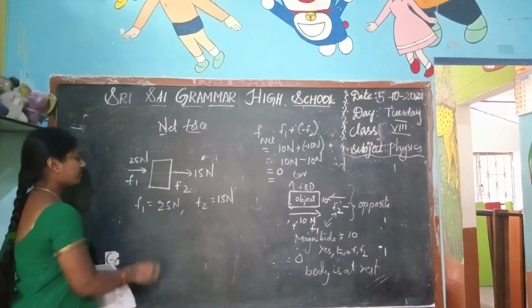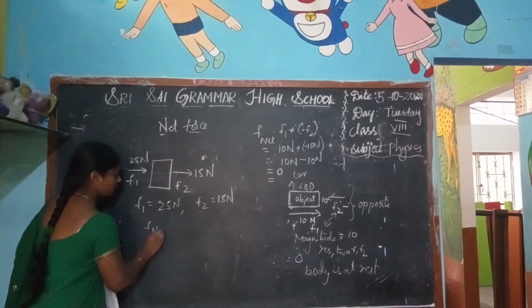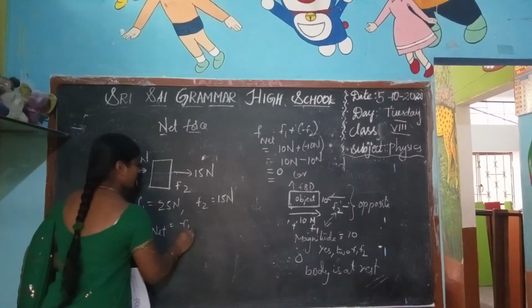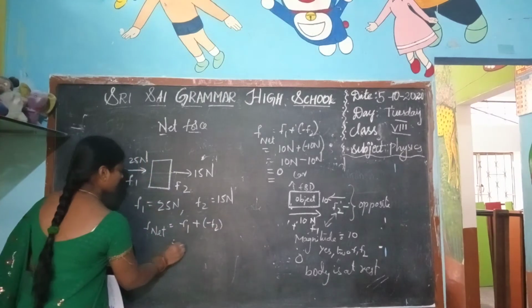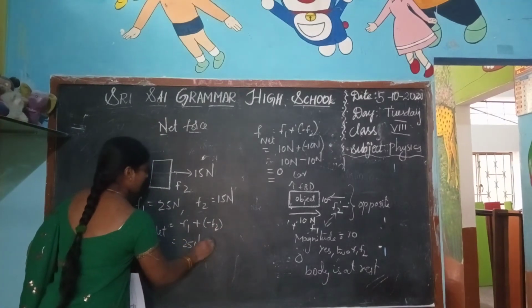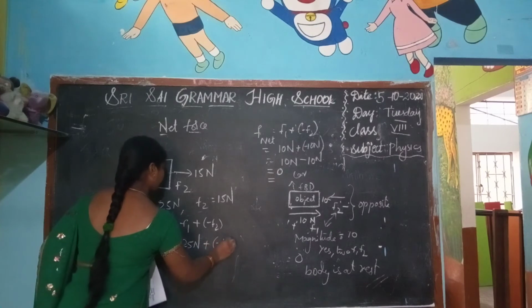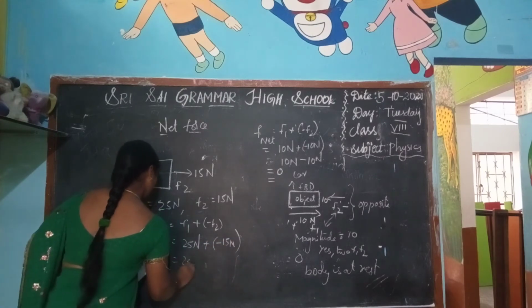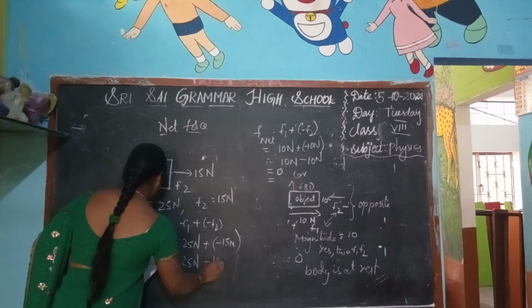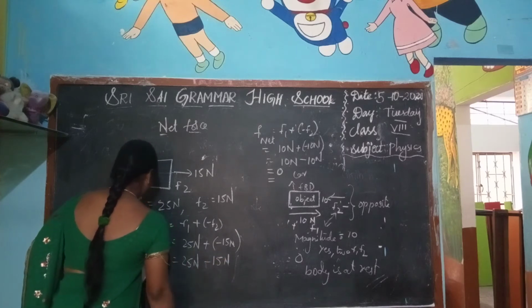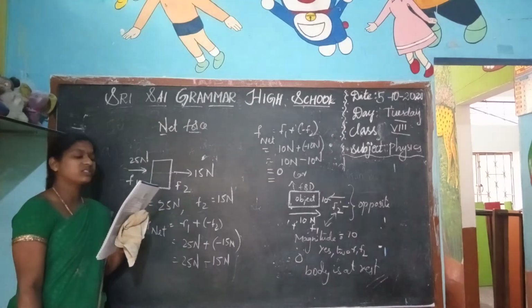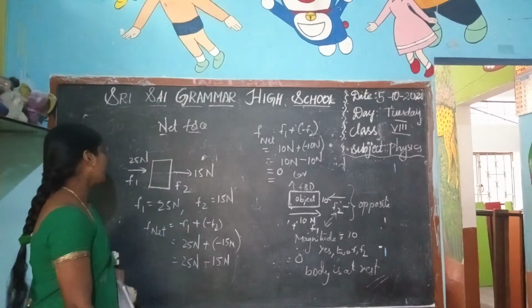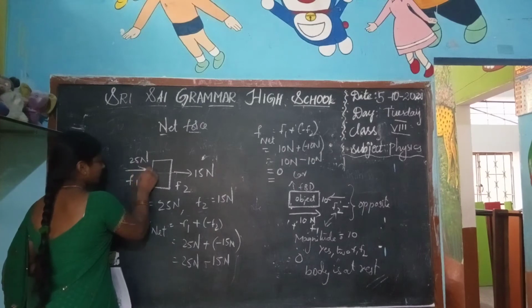By using the F net formula, F1 plus or minus F2. Now substitute 25 N plus 15 N. Which values are positive in direction and which are negative?